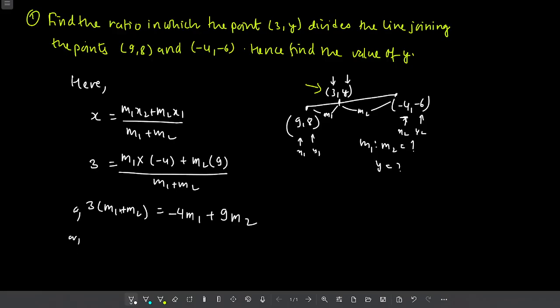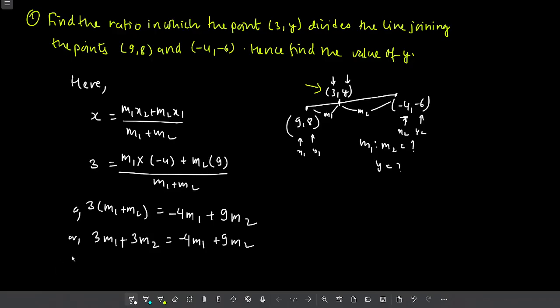Now let's open the bracket: 3 multiplies both terms. 3 times m1 gives 3m1, and 3 times m2 gives 3m2, equals minus 4m1 plus 9m2.